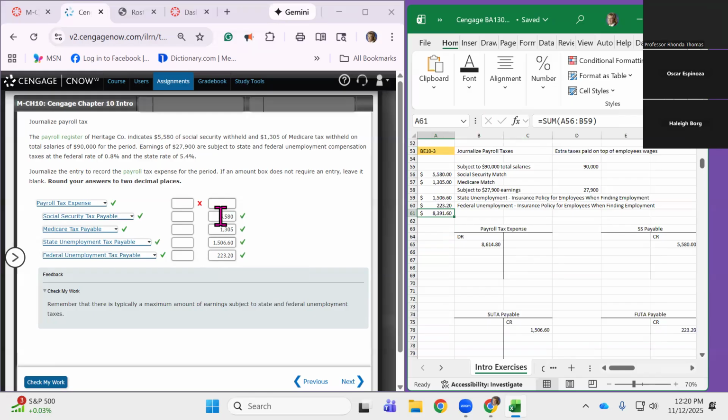I guess it does because it says round your answers to 2 decimal places. So it looks like it's 83.9160. Look at the difference, a little bit different.